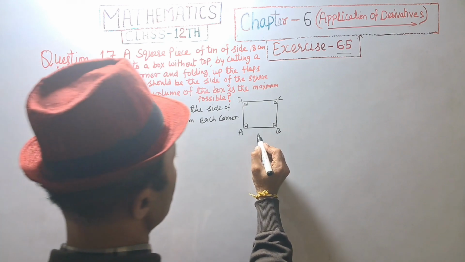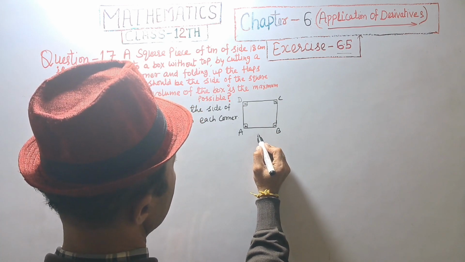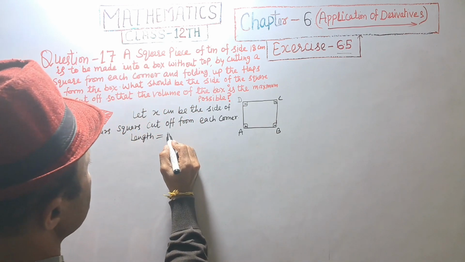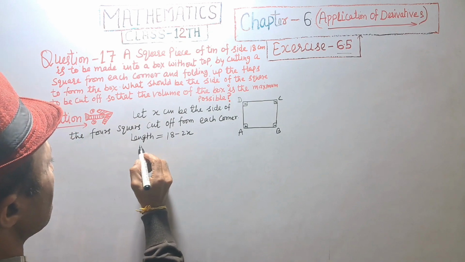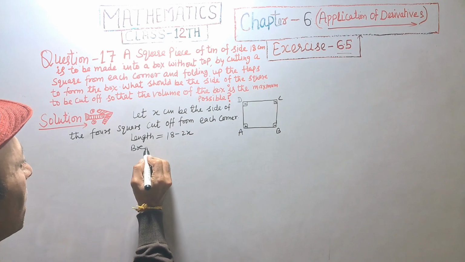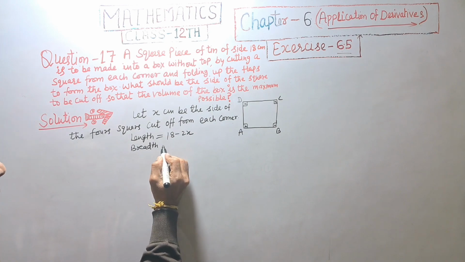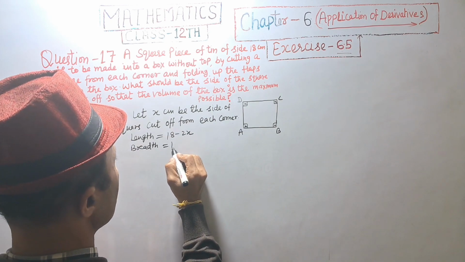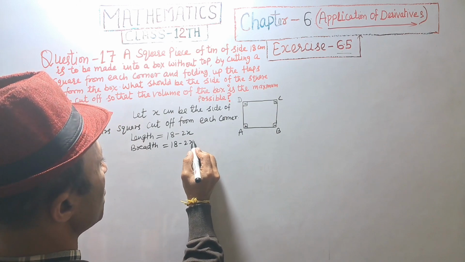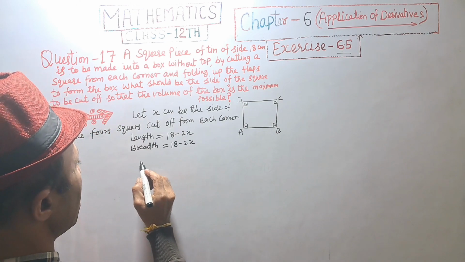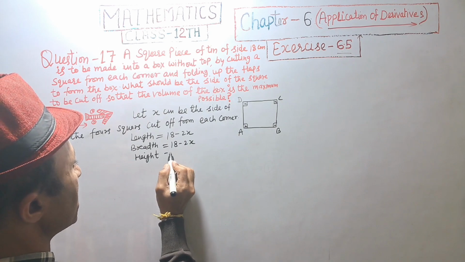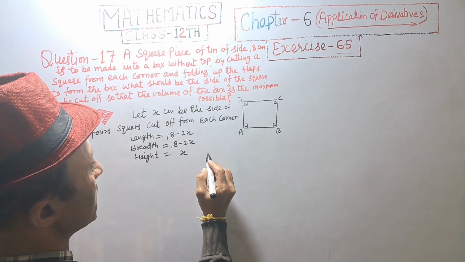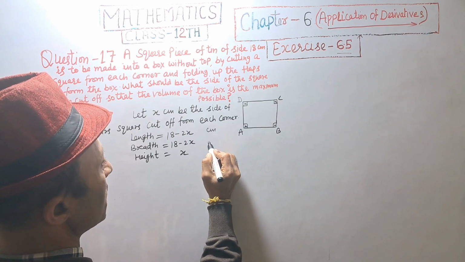Length is equal to 18 minus 2x, breadth is equal to 18 minus 2x, and height is equal to x centimeter.